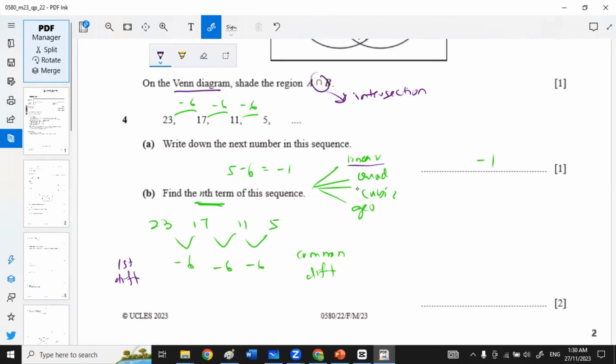When we have a common difference at the first difference, then we have a linear sequence in the form of an plus b.